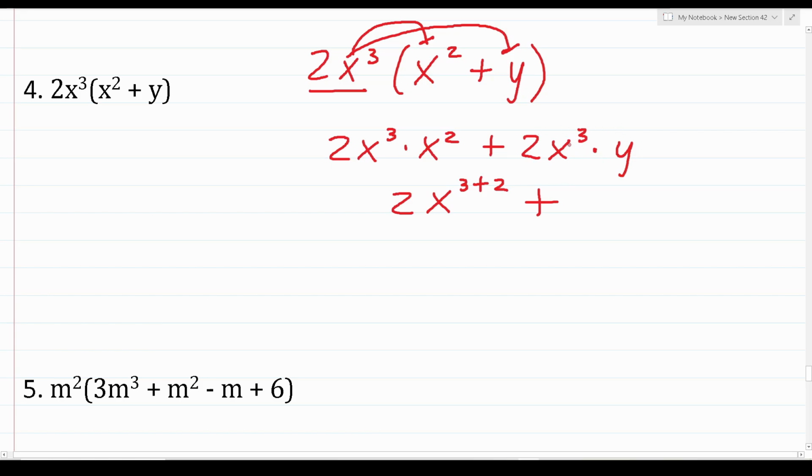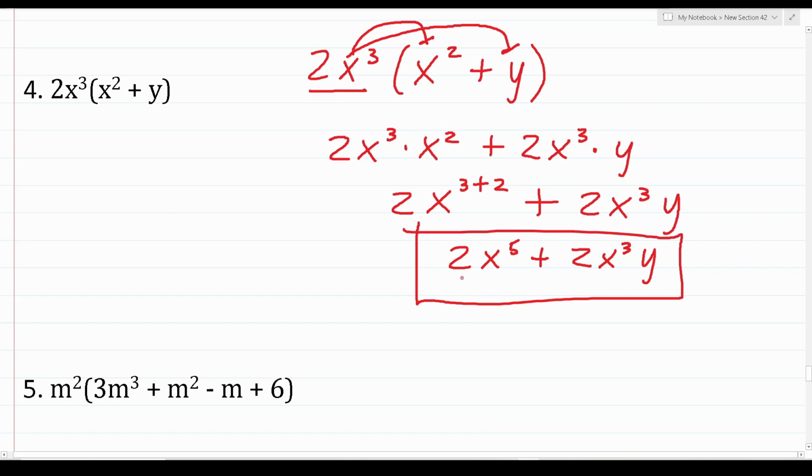And there's nothing to do here except to get rid of this multiplication symbol by making this one term. So this becomes 2x to the 3rd y. Let's go ahead and work this out very quickly. This is 2x to the 5th plus 2x to the 3rd y. And just like that, this one is done.